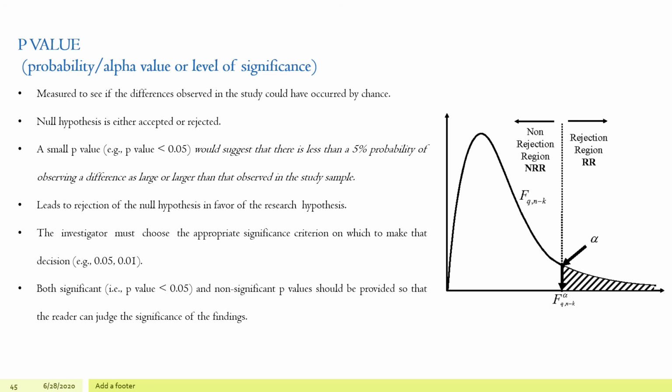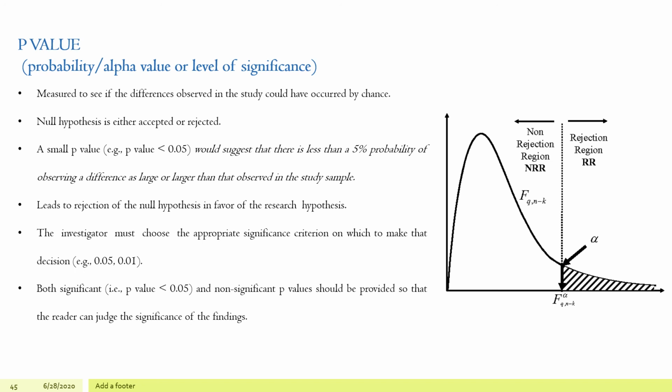The p-value is measured to see if the difference observed in the study could have occurred by chance or not. If your study result, that is t value or f value, is falling here, then it occurred by chance, so you can't reject the null hypothesis.